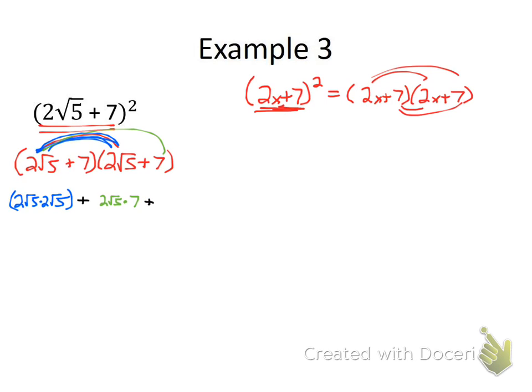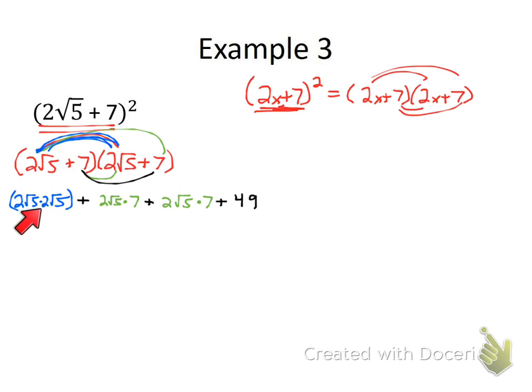And then I'm going to add that to another 2 roots of 5 times 7. And then lastly, I'm going to multiply my last terms and do 7 times 7, which is 49. So I kind of wrote a very expanded version, so I hope this doesn't confuse you, but I think it's going to help us to look at these as 4 little individual multiplication problems.